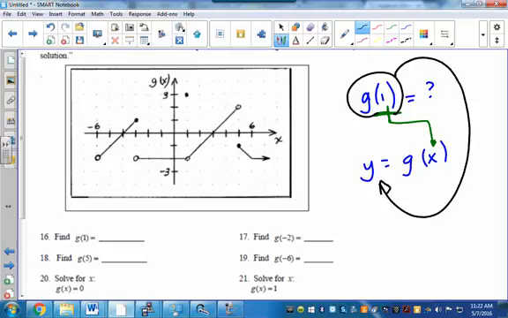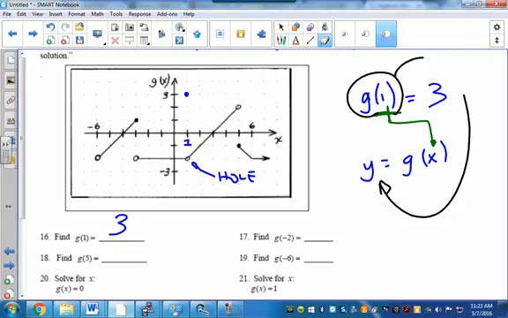So to figure out what g of 1 was, you looked where x was 1, that's right here, and then you looked where the point was, and the point was up here. Notice there's a hole here. And the g of 1 problem was correctly answered as 3. So that was this type of find the functional value if I give you the x value.